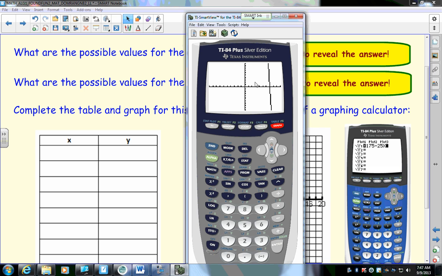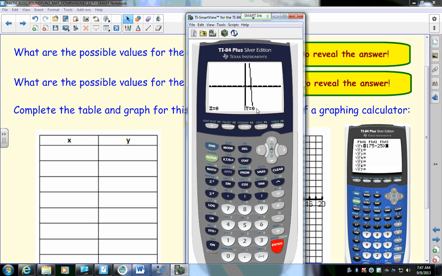Oh, there it is. Zoom, 3, enter. The graph shows it going all the way down into that fourth quadrant down here at the bottom, because all it is is just an equation. It's not putting it to any kind of situation.